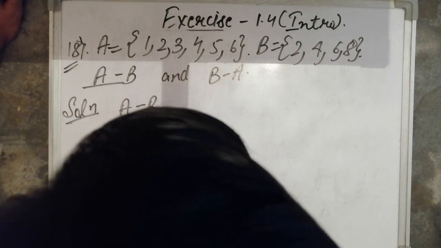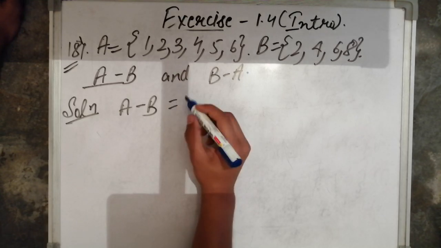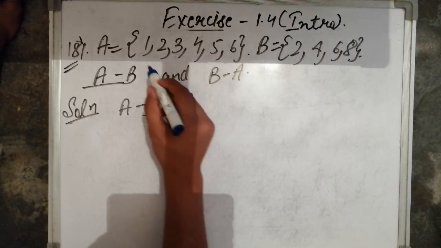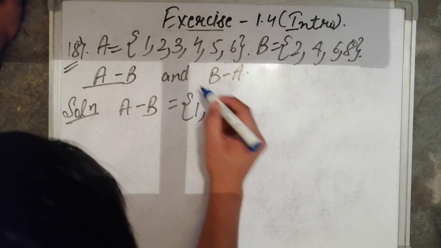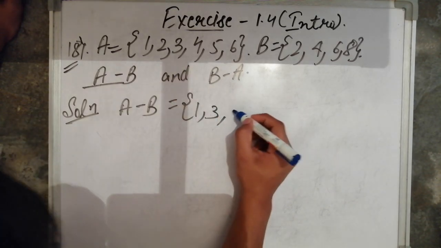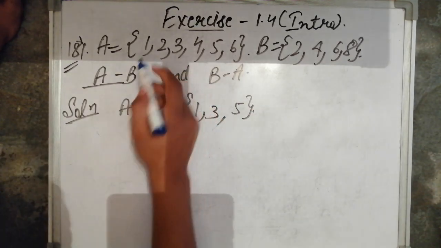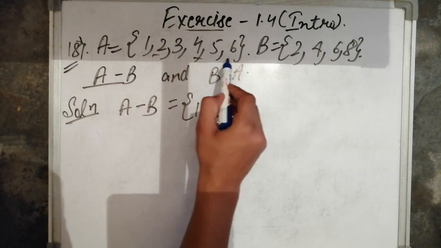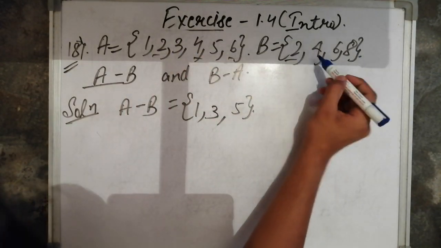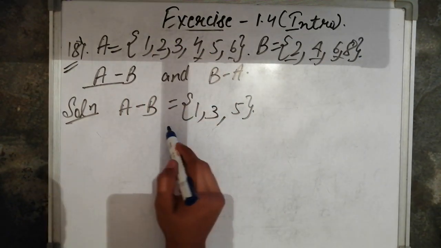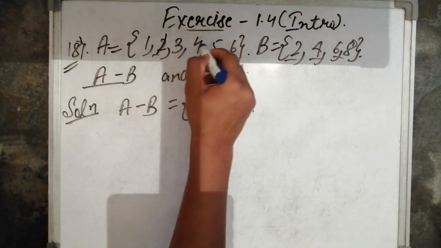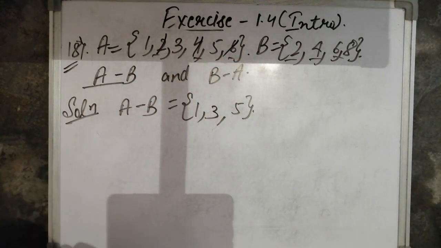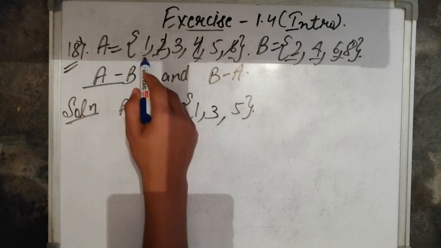A minus B will be 1 3 5 because 2 4 6 are present in B set, that's why I deducted 2 4 6 from this A set, and the resulting set is 1 3 5.